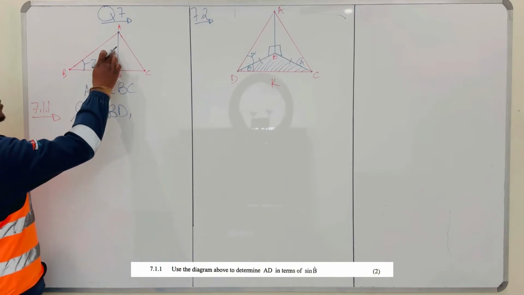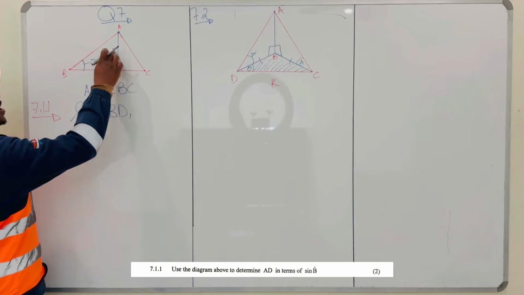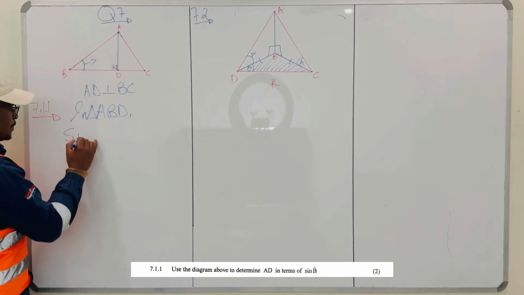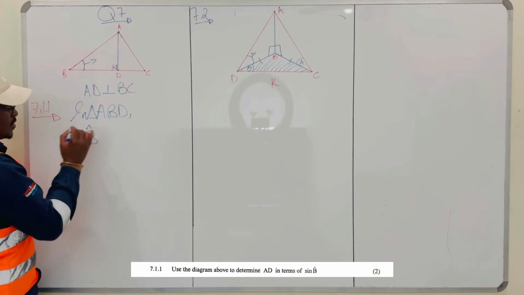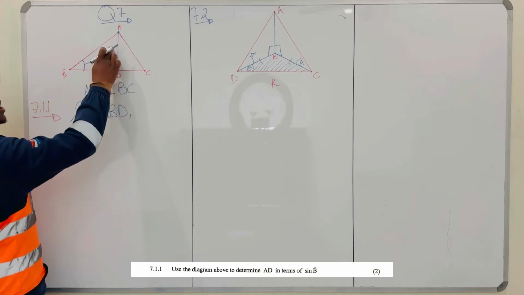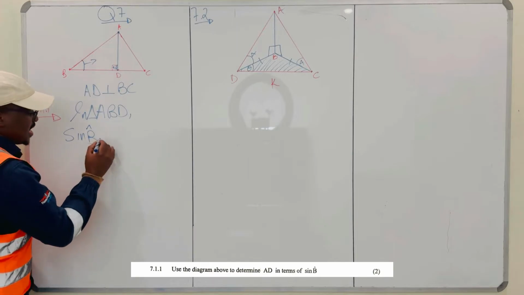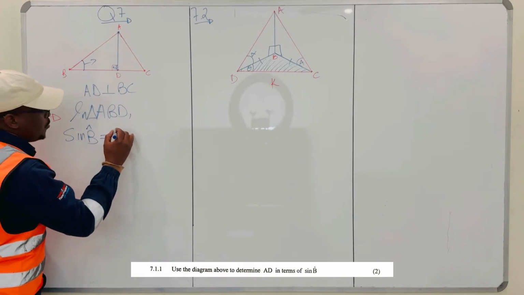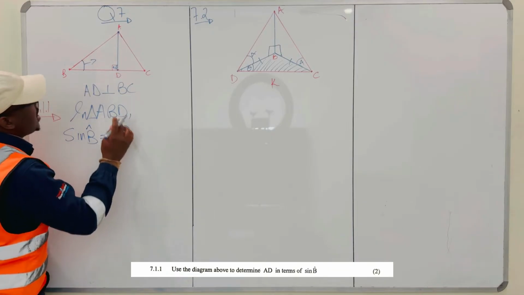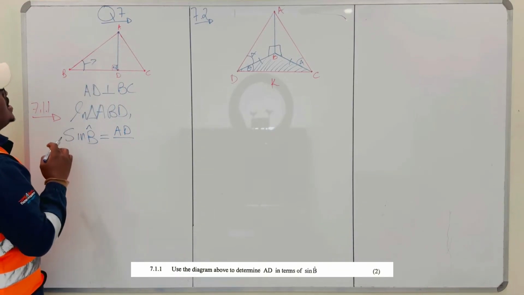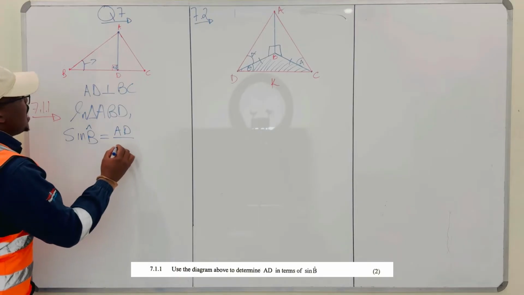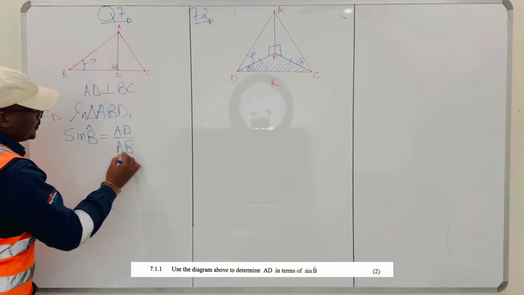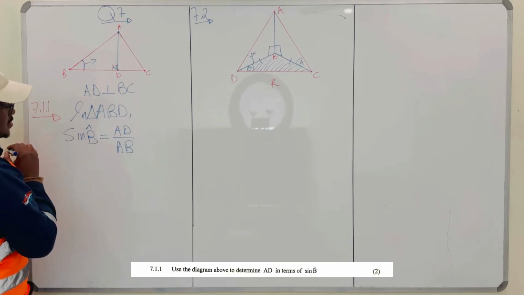If you want to express AD in terms of sine B, then sine of angle B will be equal to the opposite, which is AD, over the hypotenuse, which is that side over there, AB.